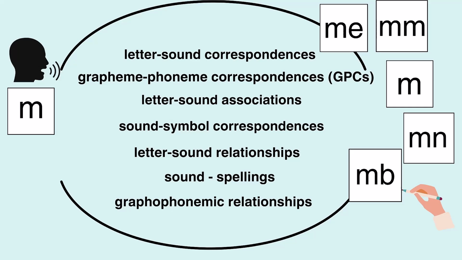One of these sound-letter correspondences is illustrated on the slide. The sound m can be written using the graphemes M, ME, MM, MN, or MB.